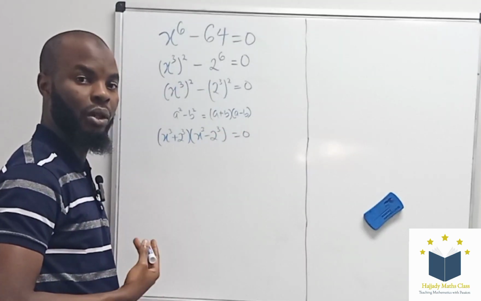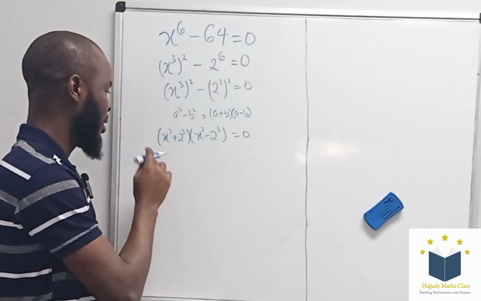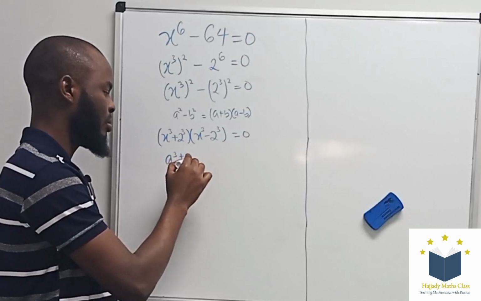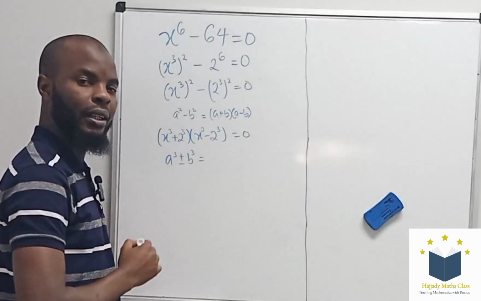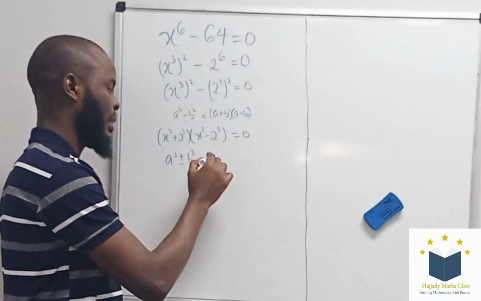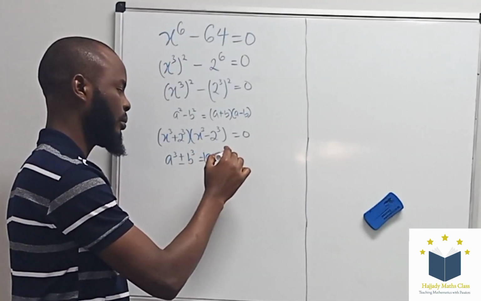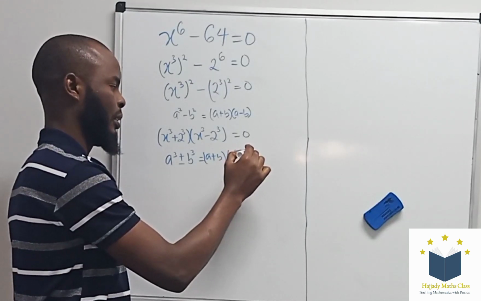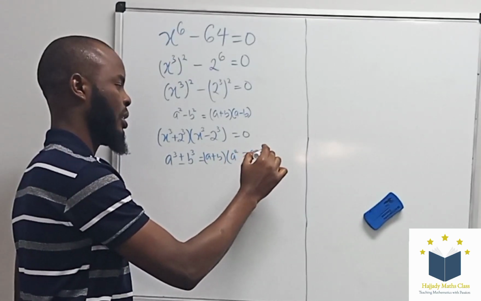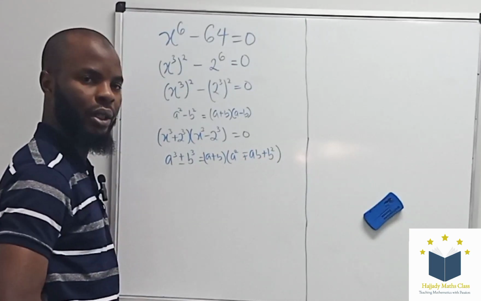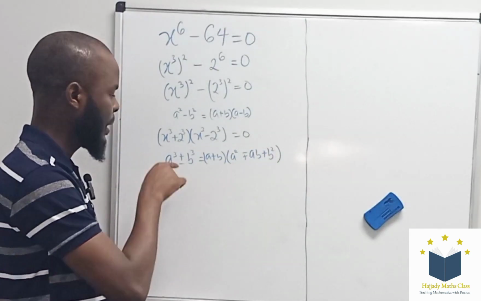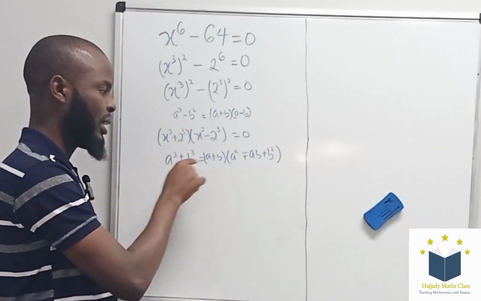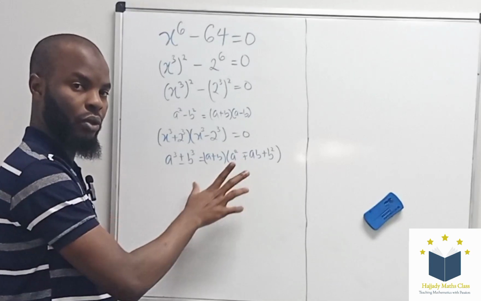Now applying another rule of algebra, which says that when you have a to the power of 3 plus or minus b to the power of 3, it can be written as a plus b, a squared minus plus ab plus b squared. Now looking at this, you observe that if you start with positive, it's going to turn to negative here, and if you are starting with negative, then this is going to turn to positive. So that is the rule.